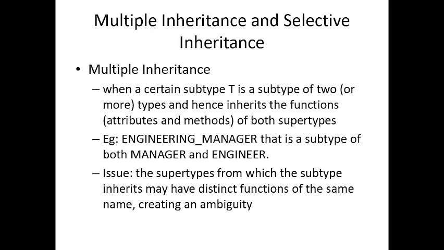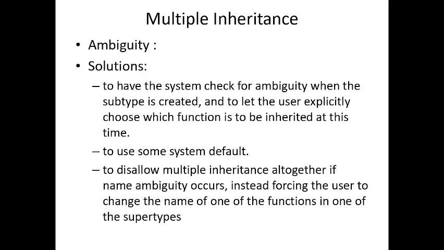As you know, there are several techniques for dealing with ambiguity in multiple inheritance. One solution is to have the system check for ambiguity when the subtype is created, and to let the user explicitly choose which function is to be inherited at this time. A second solution is to use some system default.